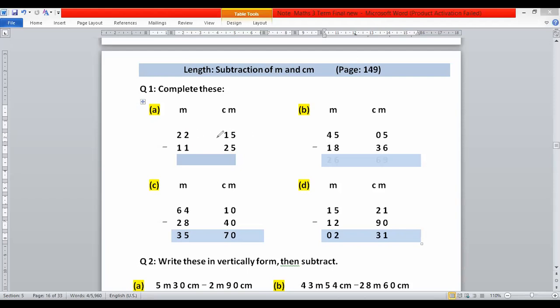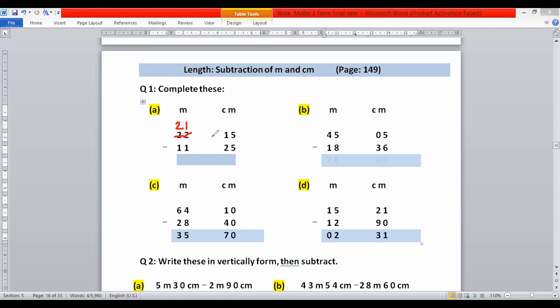So for making these centimeters bigger, we have to take 1 meter from 22 meters. So when we take 1 meter, here we left 21 meter.